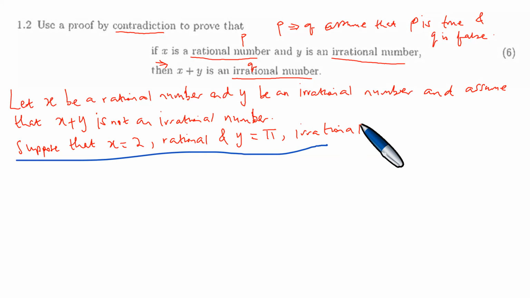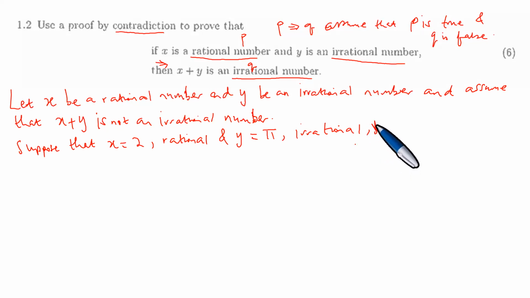We can suppose that x equals 2, which is rational, and y equals pi, which is irrational, by choice, by the axiom of choice. There's a principle in mathematics we call the axiom of choice, so you can choose these numbers arbitrarily.